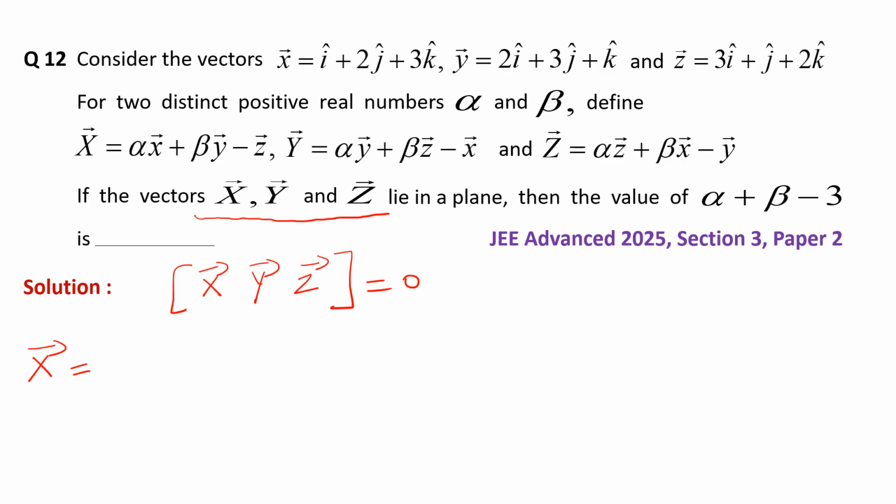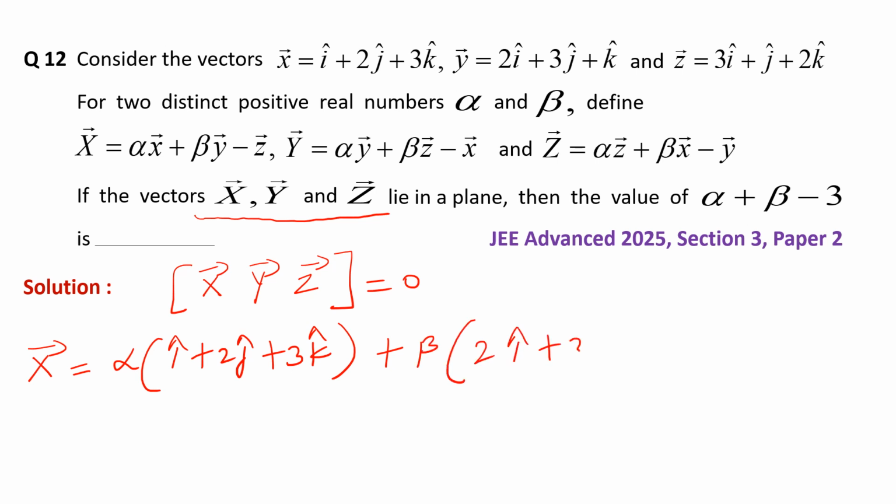This is equal to alpha into (i + 2j + 3k), plus beta into (2i + 3j + k), and then minus (3i + j + 2k).